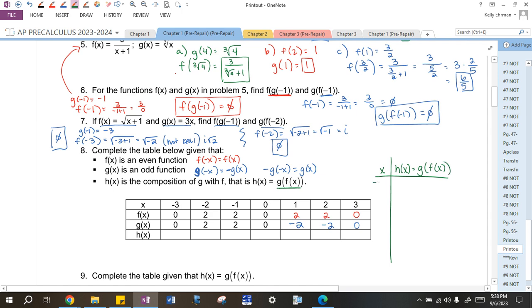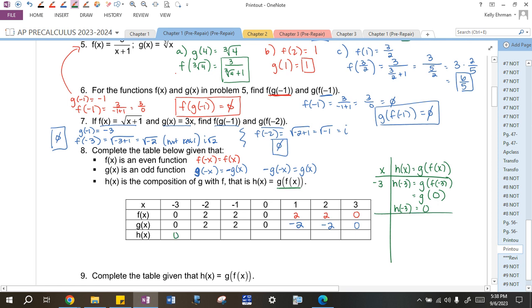Start with your x value, -3. h of -3 is equal to g of f of -3. That's g of, what is f of -3? So when x is -3, f is 0. What's g of 0? When x is 0, g is 0. That means h of -3 is 0. And we do that for each one.